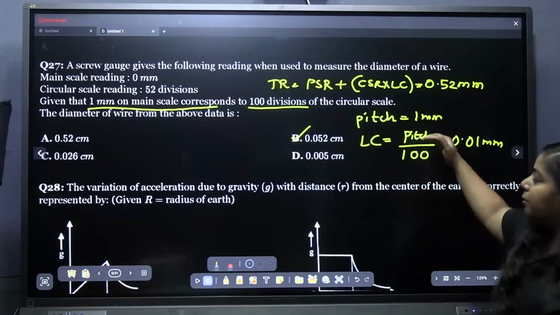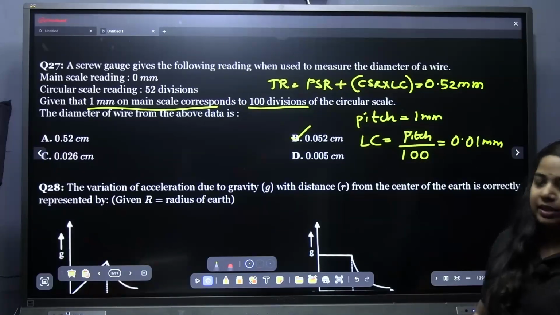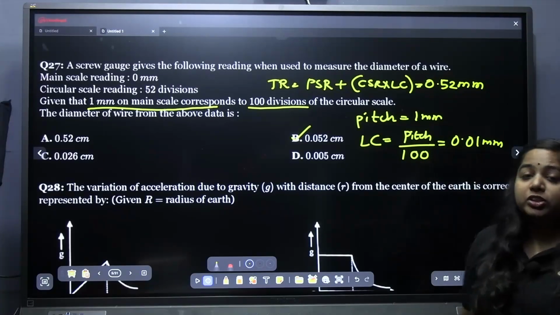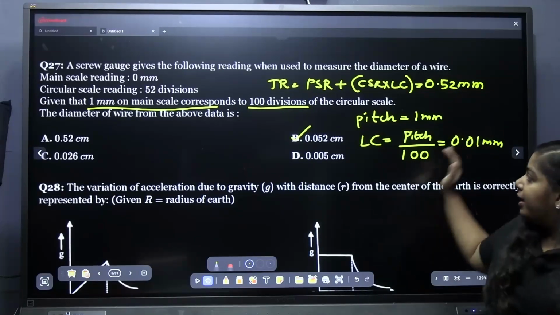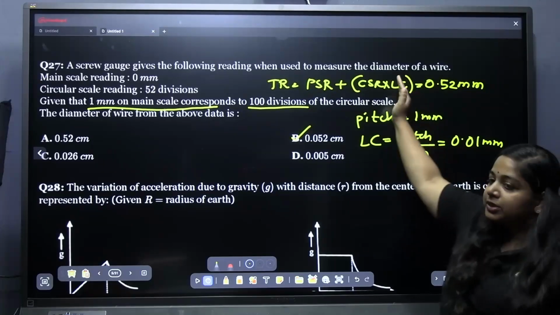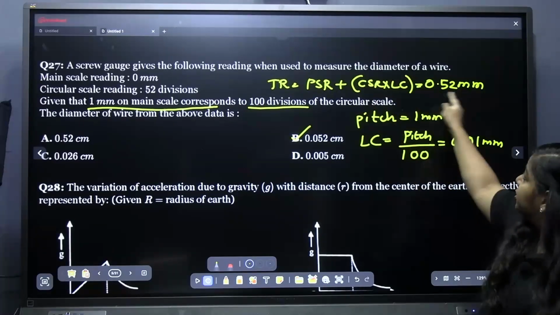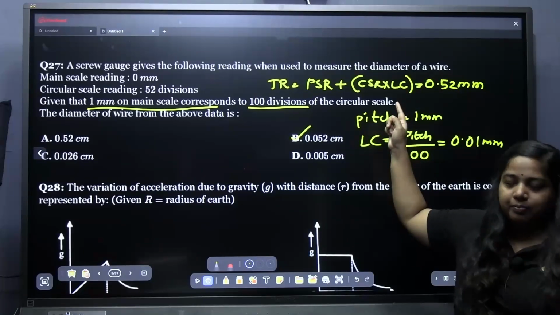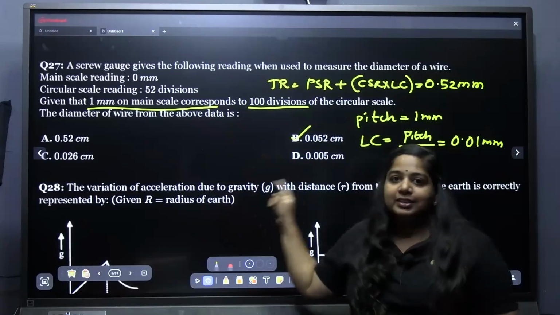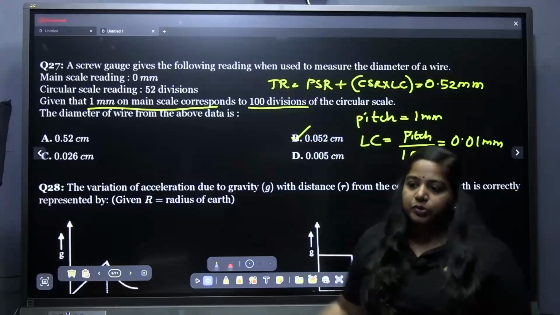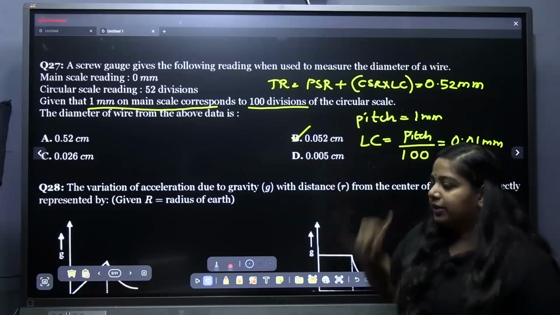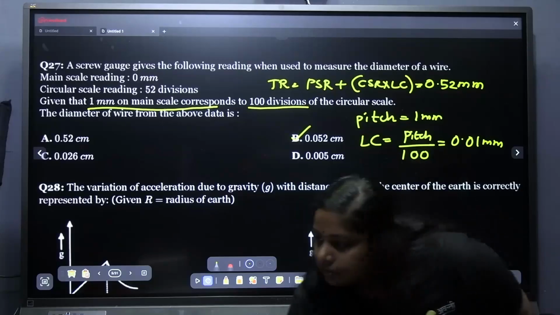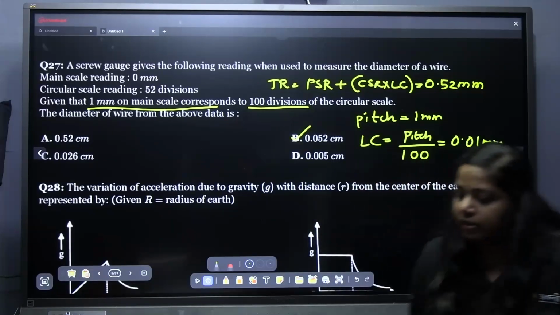Least count is pitch by number of divisions, so 1 millimeter by 100 equals 0.01 millimeter. We substitute it here and get 0.52 millimeter. But all the options are in centimeter, so we have to convert to centimeter. That's what we did. Is that clear now? Dheeraj? Okay.